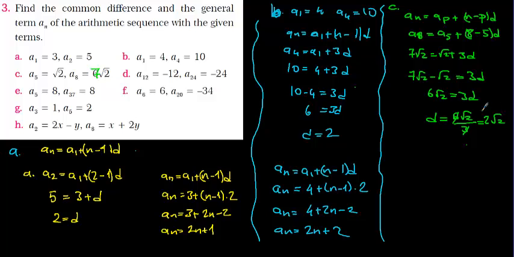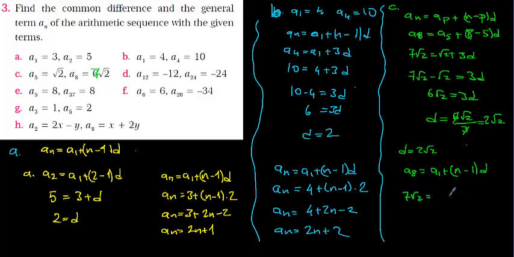And if you want to find the general term, we should use a1 for that one. If d is equal to 2 root 2, it means that a8 is equal to a1 plus n minus 1 times d. a8 is equal to 7 root 2.